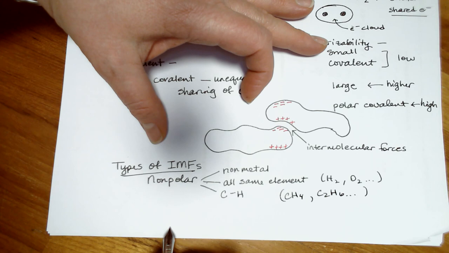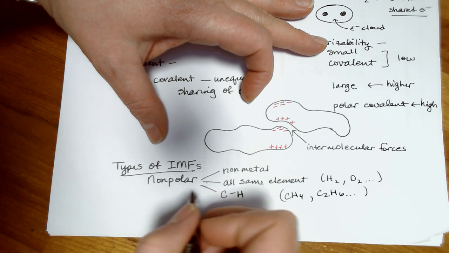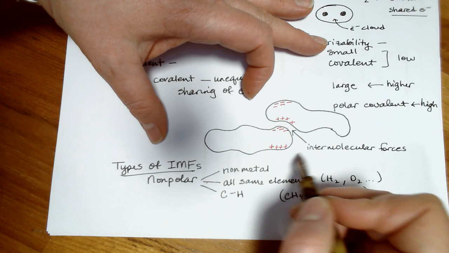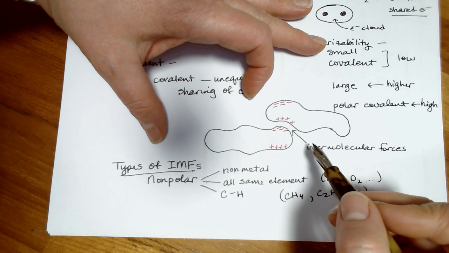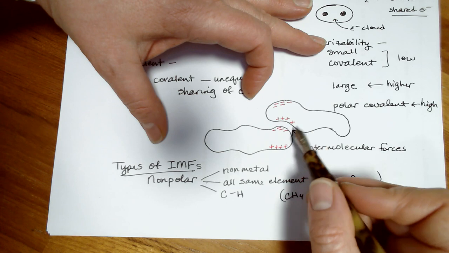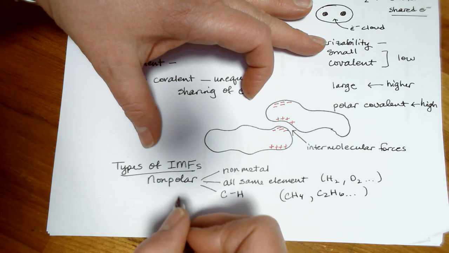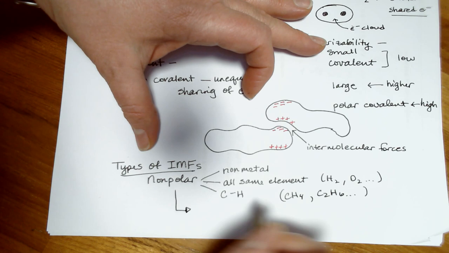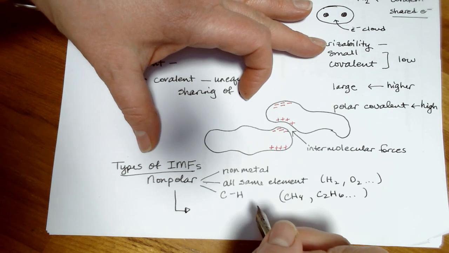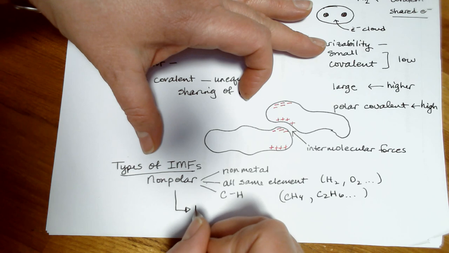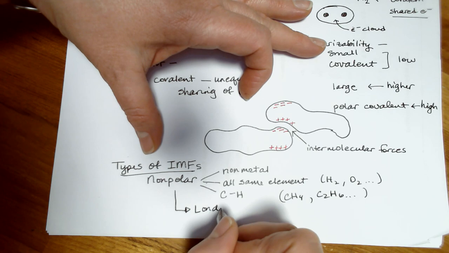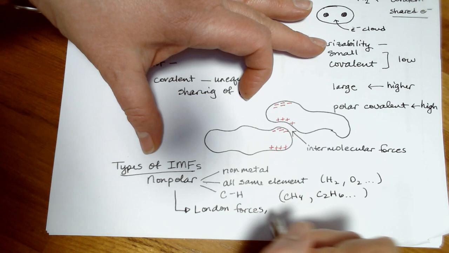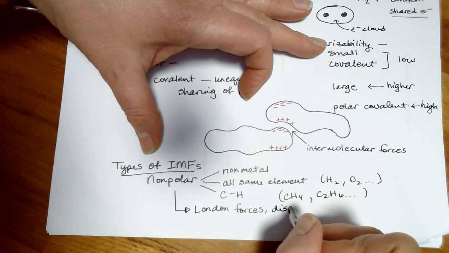Okay? And if you have nonpolar molecules, these have very weak intermolecular forces because they're always due to just this random fluctuation of the electron cloud. So this actually has multiple names for these types of intermolecular forces, but they are all the same. So they get called London dispersion forces, or just London forces, or just dispersion forces.